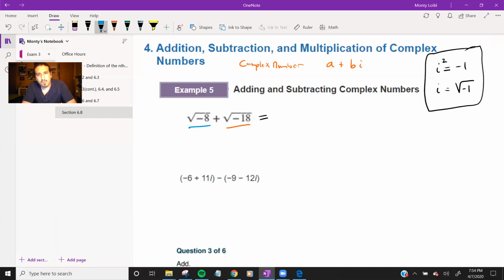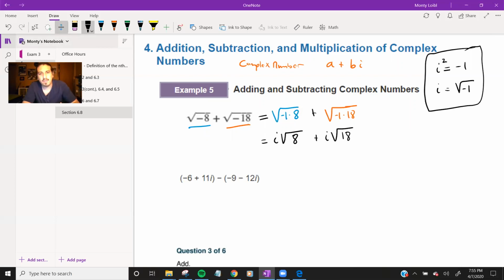Our blue is -1 times 8, and the -18 can be written as that there. Again, we have a -1 underneath the square root, so this is the same thing as i times the square root of 8, and this is i times the square root of 18.